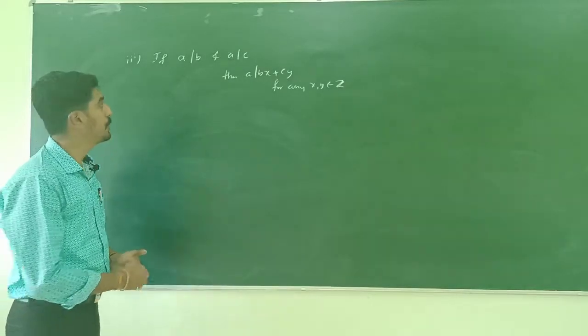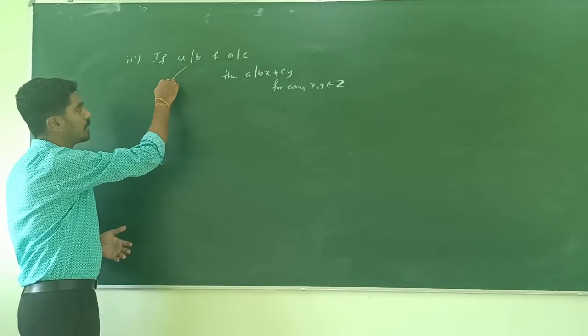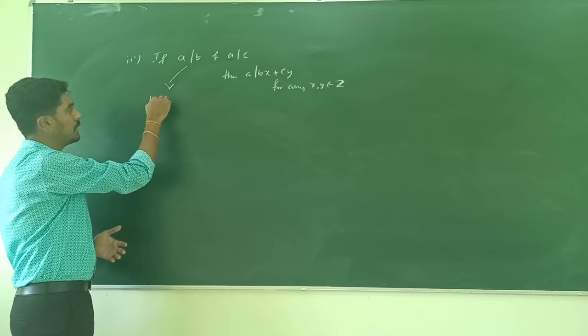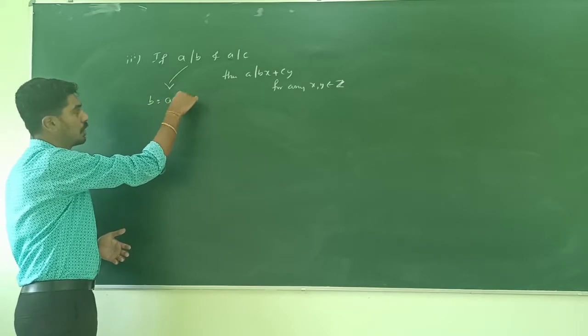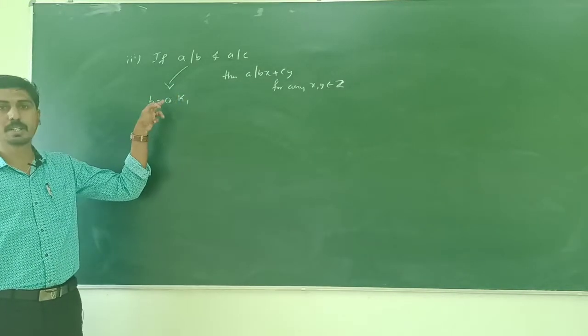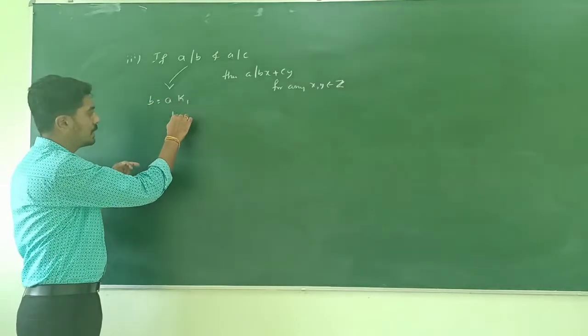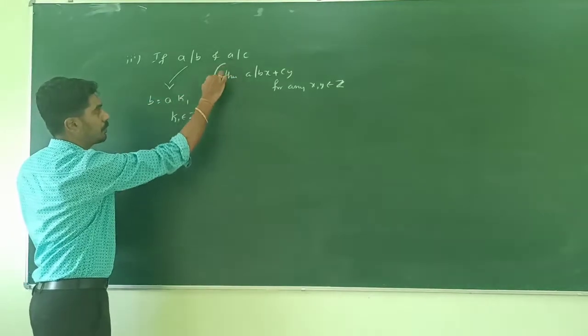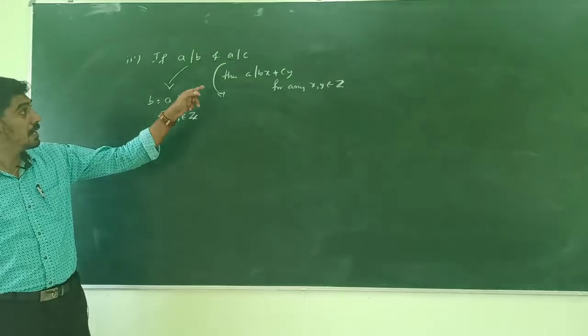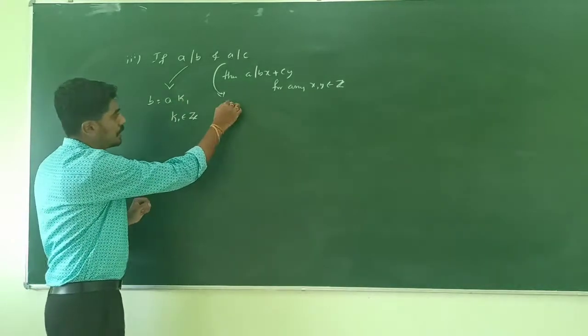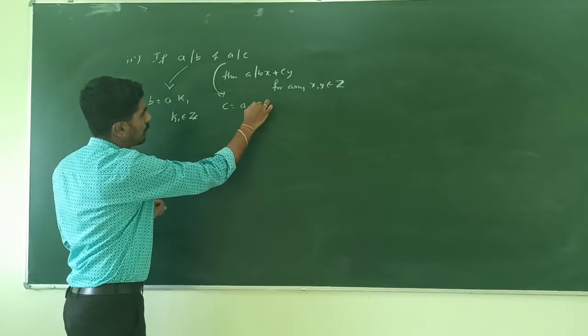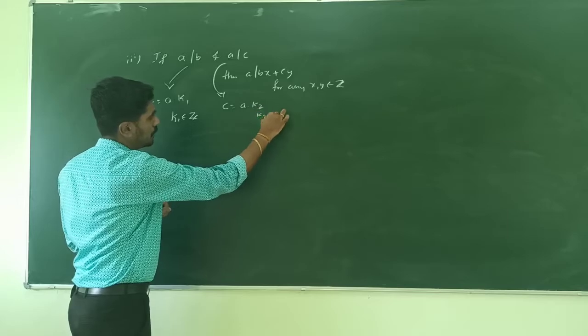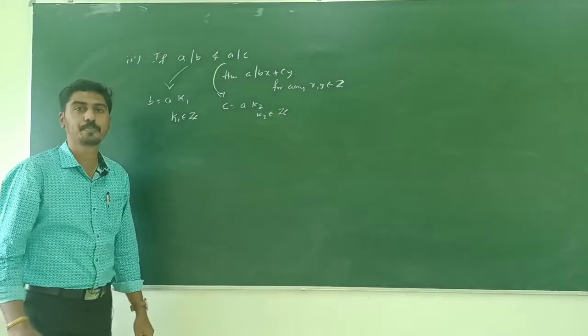How do you prove that? a divides b implies that b is an integral multiple of a. b can be written as a into k1, where k1 is an integer. a divides c implies that c is an integral multiple of a, c equals a into k2, where k2 is an integer.